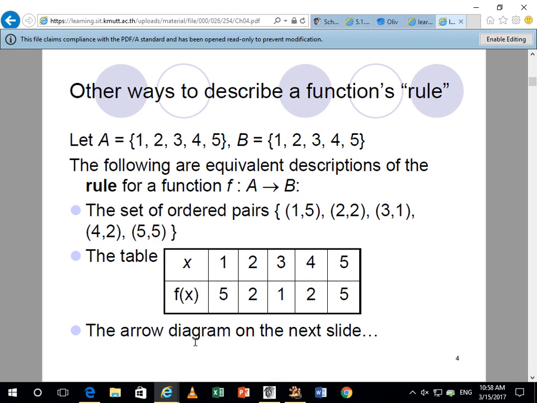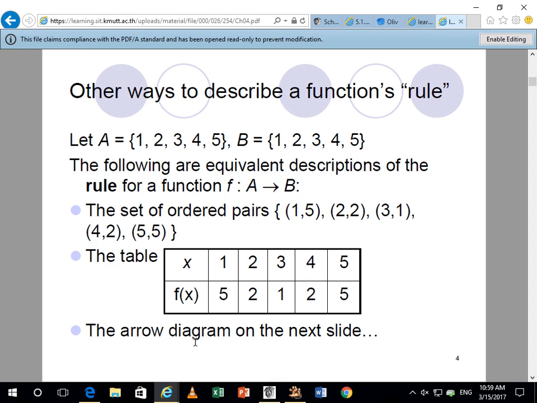We want a set of ordered pairs. So how do we describe the rule? Well, one way is by a table. We start out with x is 1. The output, we want to map it to be 5. So 1 gives you 5, 2 gives you 2, 3 gives you 1, 4 gives you 2, and 5 gives you 5.